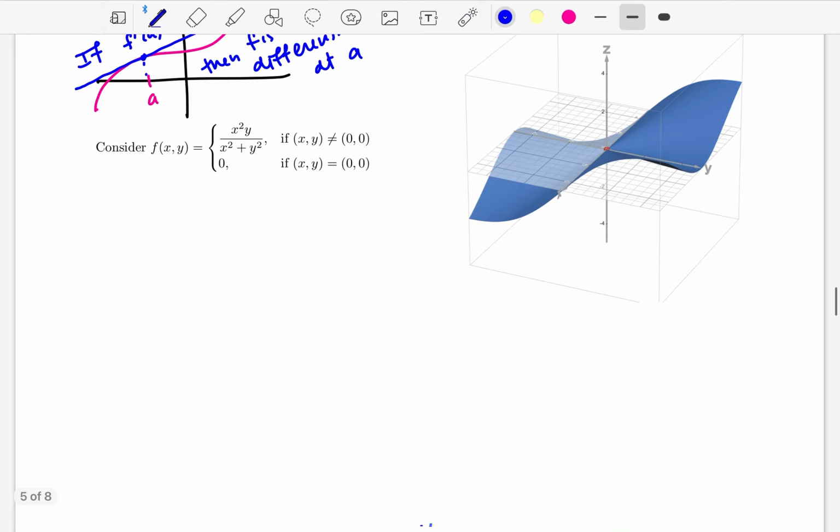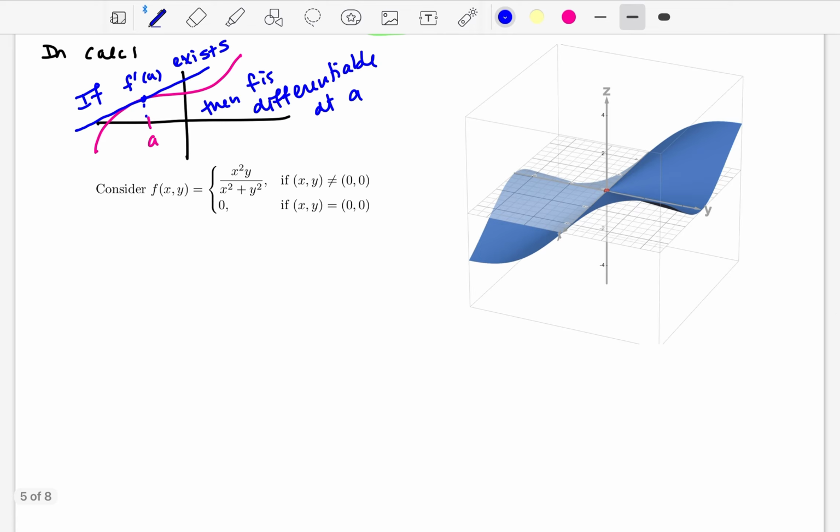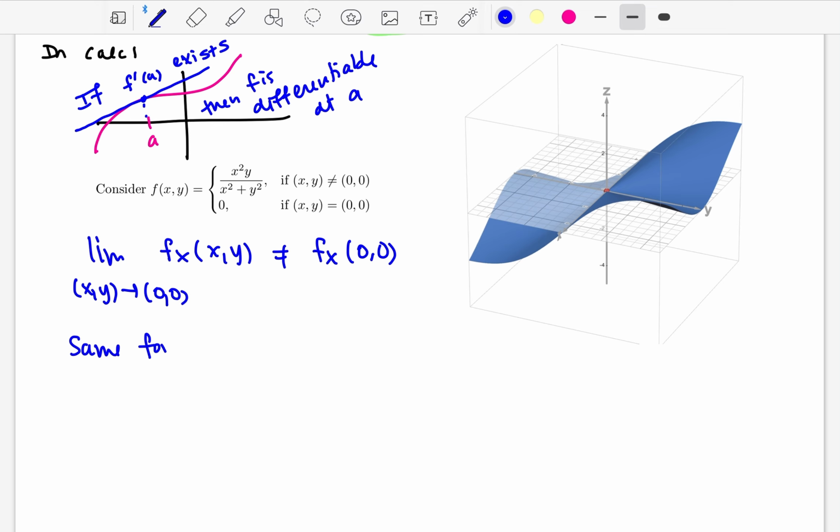Now, even though the function is continuous, you can show that the limit as (x, y) goes to (0, 0) of f_x(x, y) is not equal to the partial with respect to x evaluated at (0, 0). The same thing happens for the partial in the direction of y. So that means that the partials are not continuous.